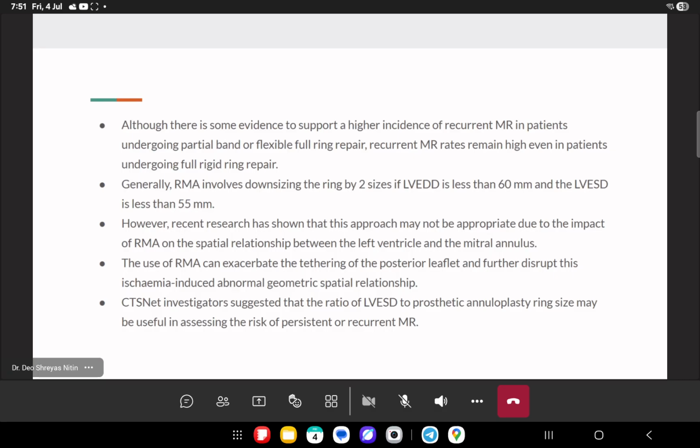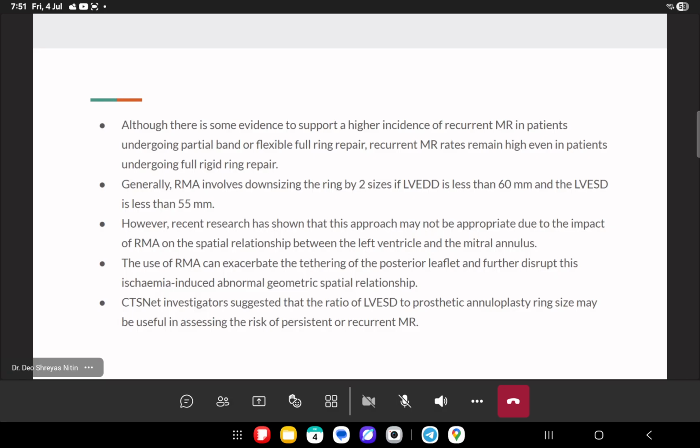Generally, restrictive mitral annuloplasty involves downsizing the ring by two sizes if left ventricular end-diastolic diameter is less than 60 mm and left ventricular end-systolic diameter is less than 55 mm. However, recent research has shown that this approach may not be appropriate due to the impact of RMA on the spatial relationship between the ventricle and the mitral annulus.